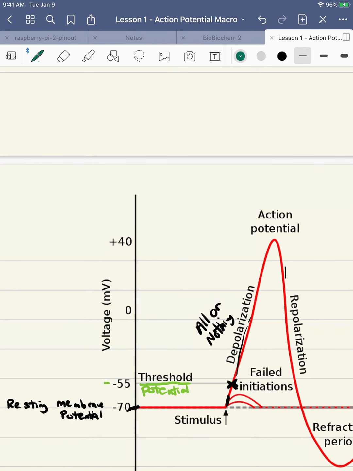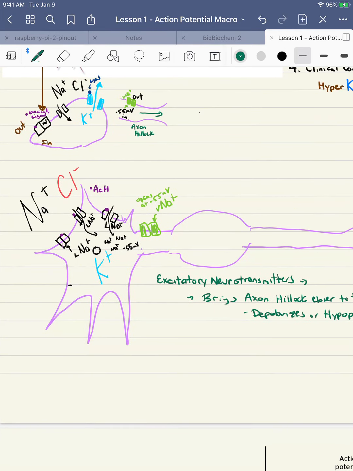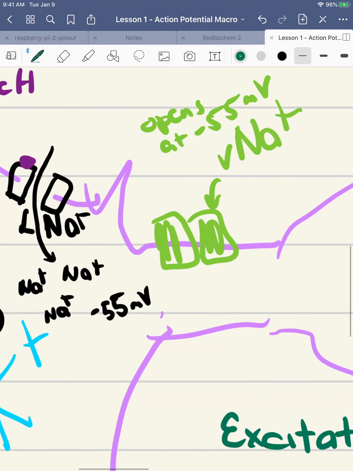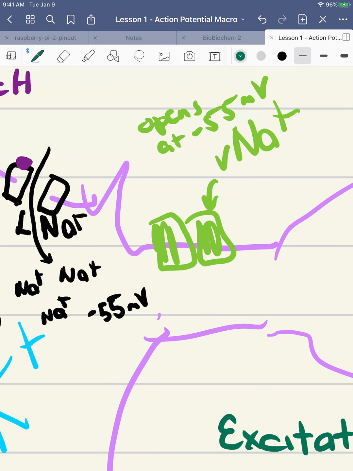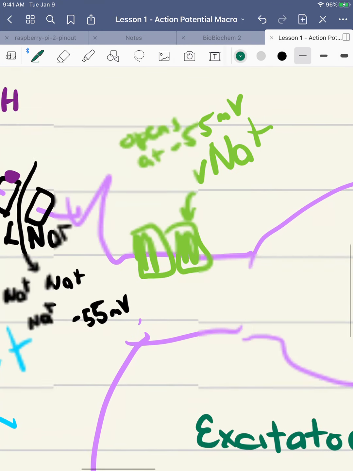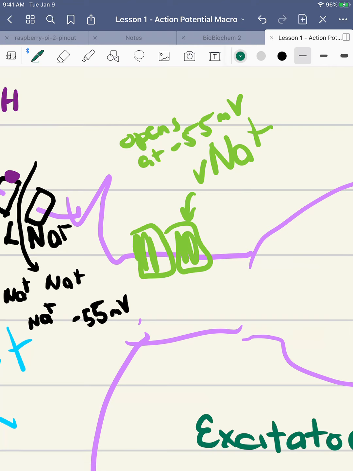In other words, if the cell is naturally at negative 70 millivolts and we open up some ligand-gated sodium channels right over here, sodium starts to rush into this region, and it makes the axon hillock less negative. The axon hillock region goes from negative 70 millivolts to maybe negative 65 millivolts and eventually hits negative 55 millivolts. And voila, an action potential gets initiated from these voltage-gated sodium channels.